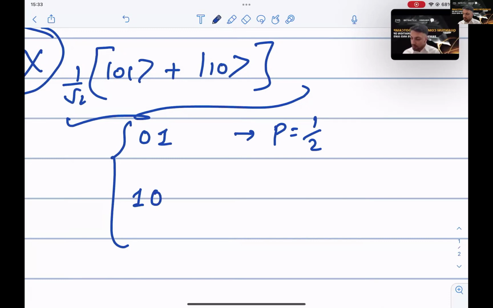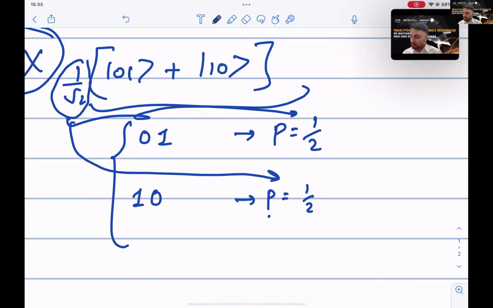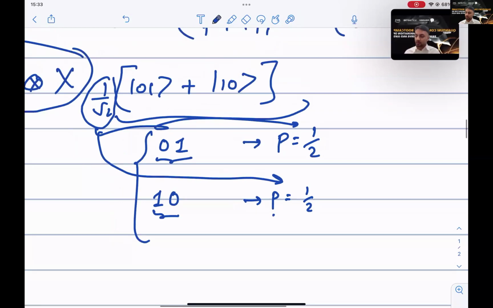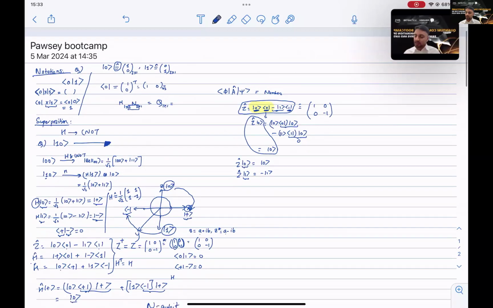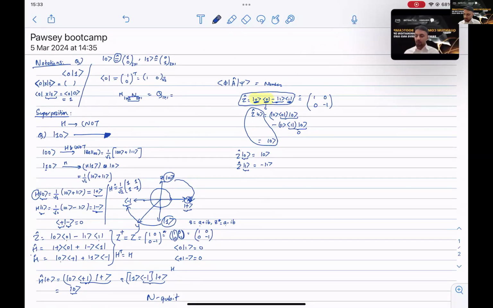And I also measure 1, 0 with probability 1/2. This probability is basically given by the norm square of the amplitudes. So this is superposition because I was able to measure two different states. So superposition, entanglement, and Dirac notation is all you need to know. And unitary operations is all you need to know to learn quantum computing and quantum algorithms.